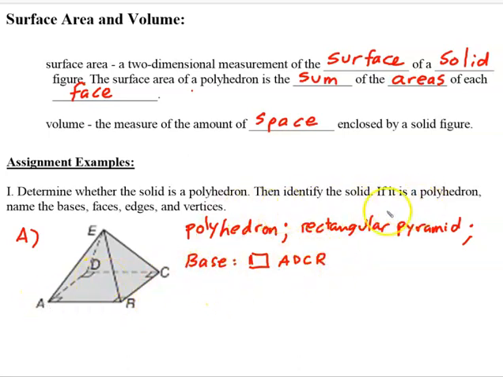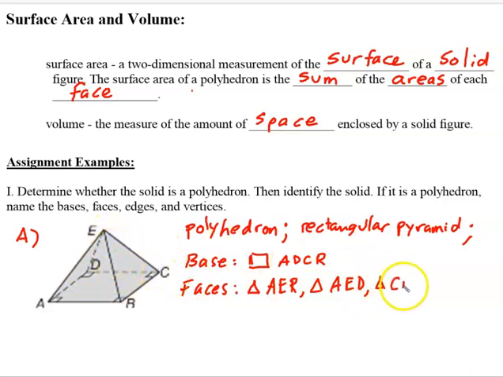And now we'll identify the faces. These are all triangles, so we'll use the symbol for triangle. We could say triangle AER, triangle AED, triangle CED, and triangle REC.